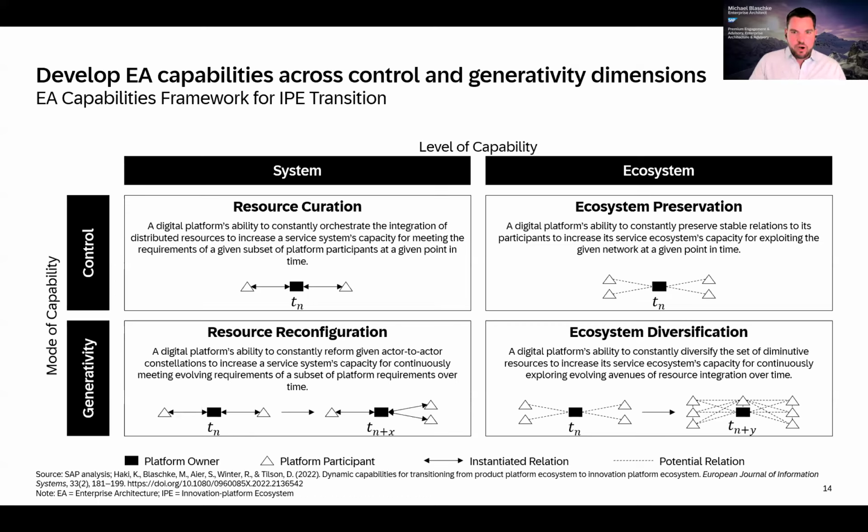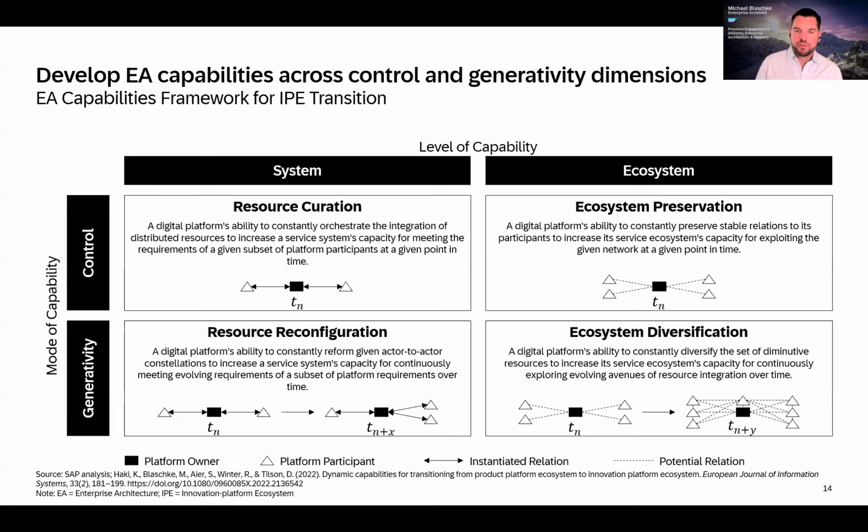The second one, and now I'm moving to ecosystem preservation, remains on the level of exerting control through an enterprise architect, but we now move to the ecosystem level. So we're no longer on the level of a specific IT system, but now really on the ecosystem of partners level.